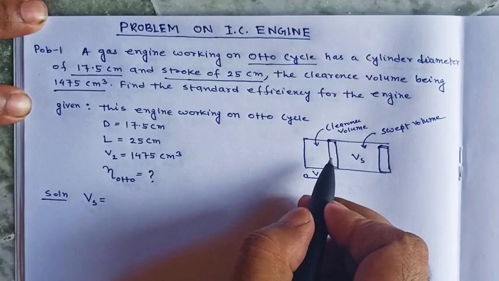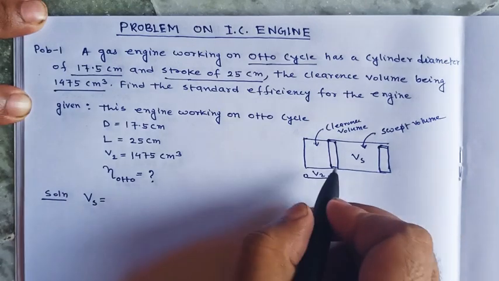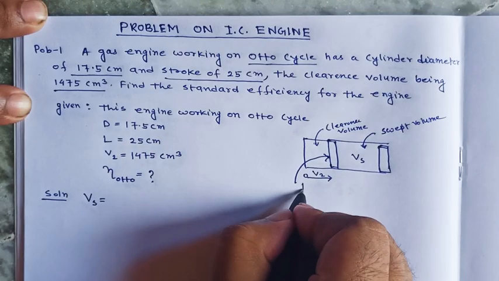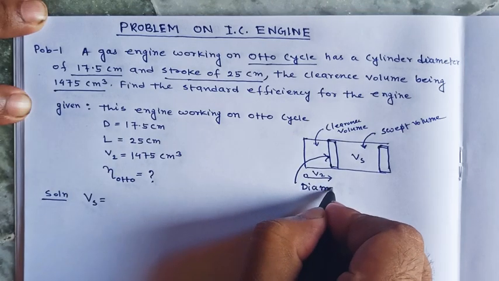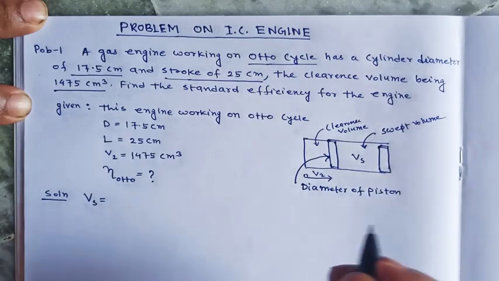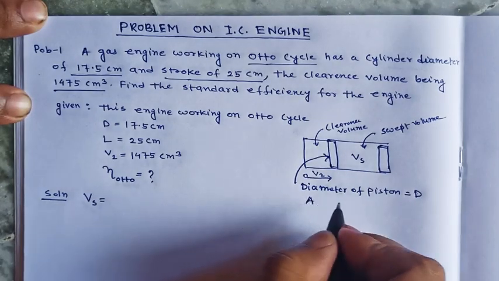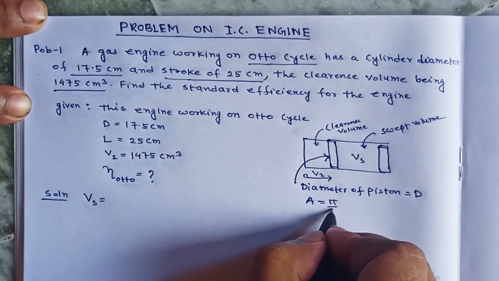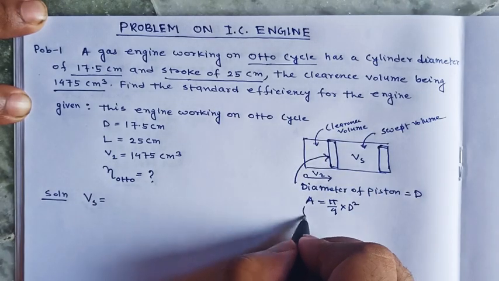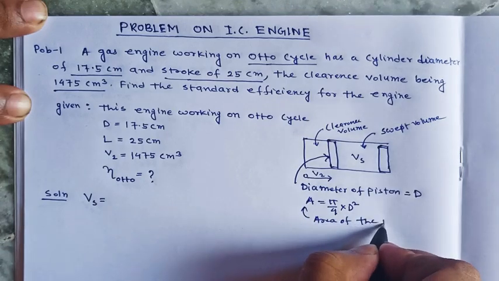Now we know the swept volume is this volume, so if this diameter of the piston, considering this is D, so area will be pi by 4 into D square. This is the area of the piston.